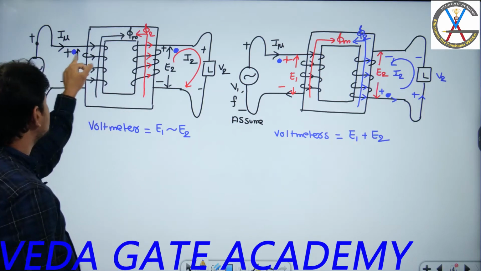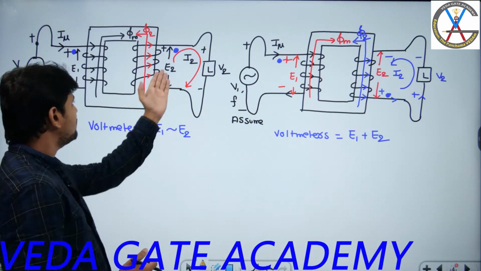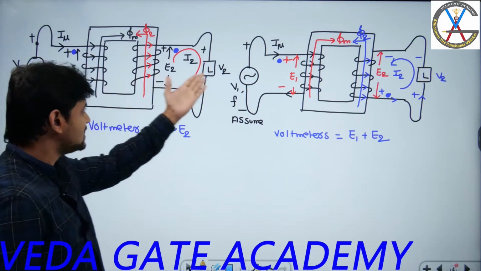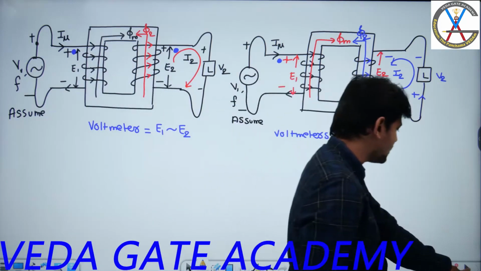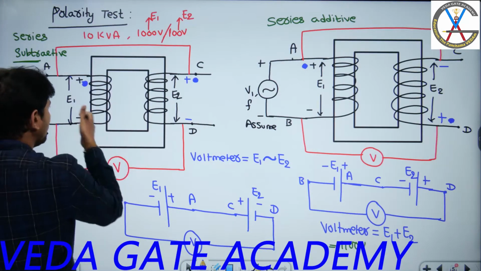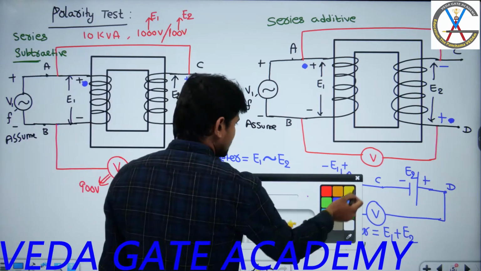Now if I know these dot conventions, am I able to indicate the direction of the currents? Here, because I know the sense of the winding, I have indicated the direction of the current. Whereas here, how do I indicate the direction of the currents if I know the dots or polarities of these EMFs? Since this is a source, let me use a different color.